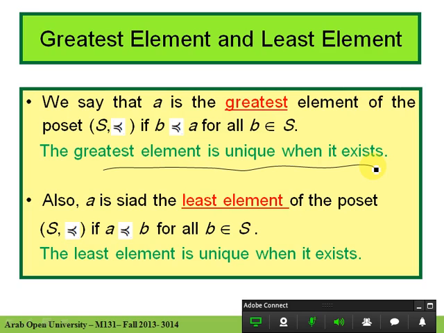Also, A is said to be the least element of the poset if A has a relation with B for all B belonging to S.